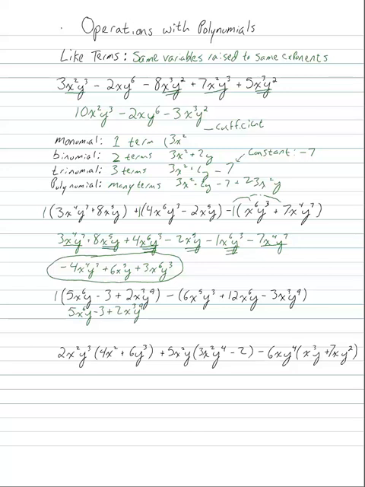Second parentheses, I have a minus 1. So I am going to have to distribute to make sure I'm subtracting everything in that parentheses. So minus x^5y^3 minus 12x^6y, minus a minus is plus, so plus 3x^3y^9.